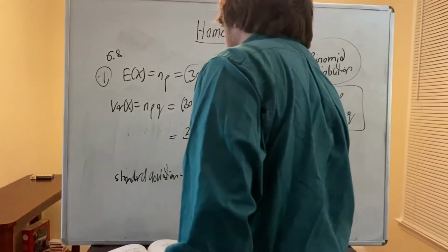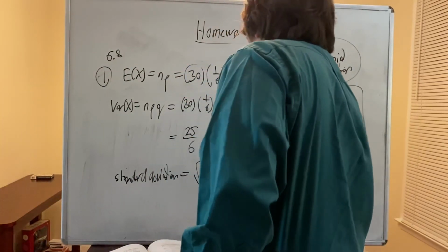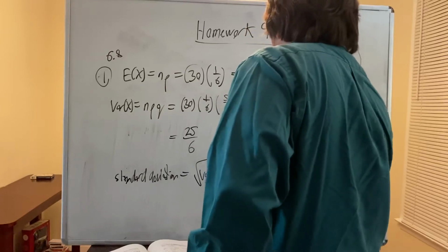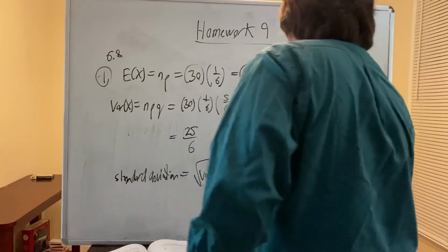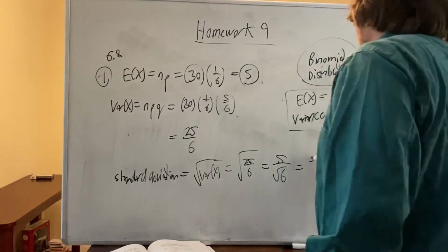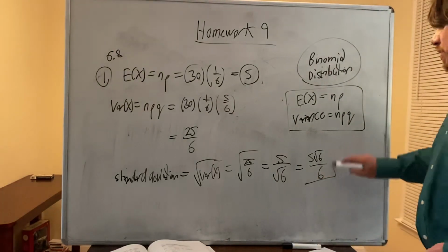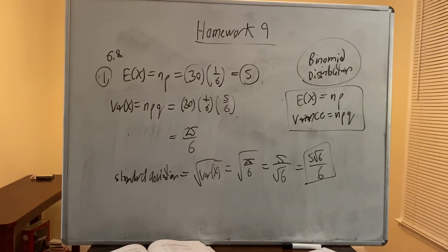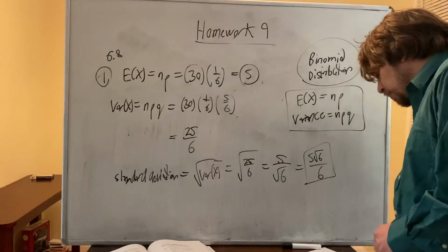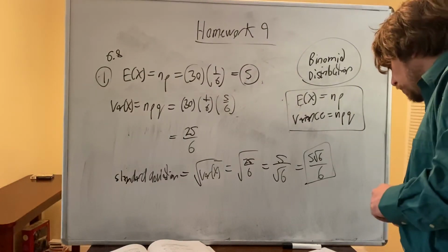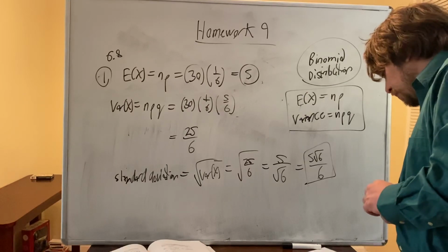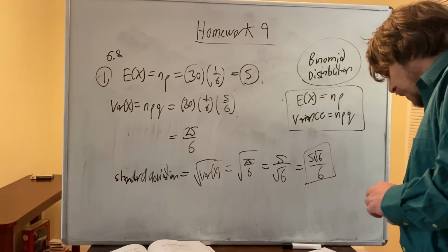So it's just the square root of the variance of X. And so the square root of 25/6 is 5 over the square root of 6, which is 5√6/6 in simplified form, and you put that in your calculator. Okay, and so that's the standard deviation for number 1. Okay, so that's number 1.